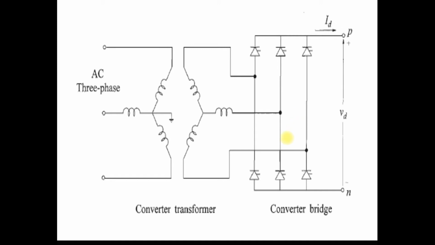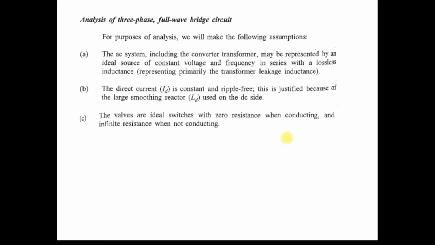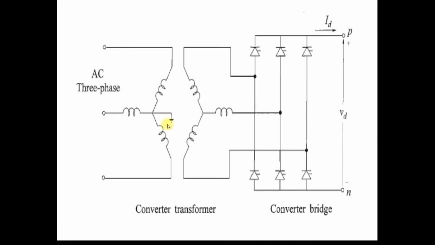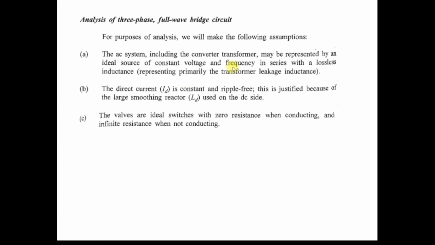Clear? To understand that, we first consider three assumptions. For the purpose of analysis, we make the following assumptions. First assumption: the AC system including the converter transformer may be represented by an ideal source of constant voltage and frequency in series with a lossless inductance. So here the converter transformer with this source is represented as a constant voltage and frequency source in series with a lossless inductance.